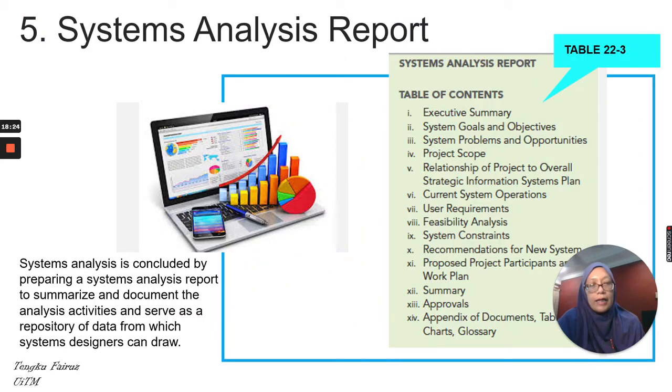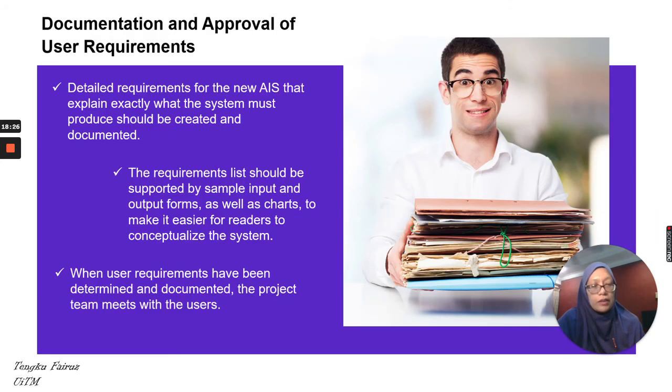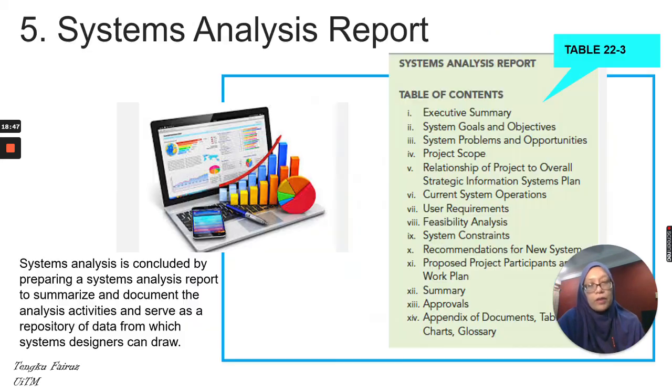And then they will get the approval from the user, so that the user is really sure that what they want is confirmed, so that when they do the next process of the design, there are no more changes of needs from the users. So that's important, the part of the approval from the users.